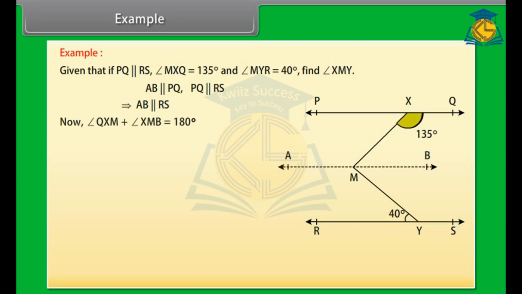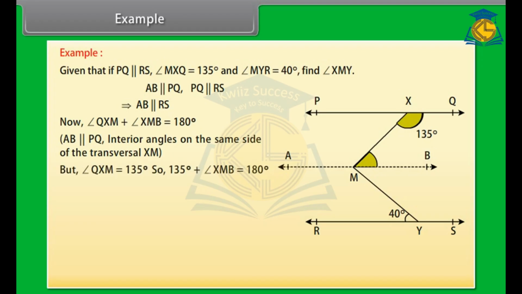Now, angle QXM plus angle XMB is equal to 180 degrees, as AB is parallel to PQ and these are interior angles on the same side of the transversal XM. But angle QXM is equal to 135 degrees. So, 135 degrees plus angle XMB is equal to 180 degrees. Therefore, angle XMB is equal to 45 degrees.